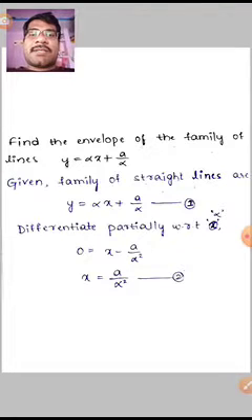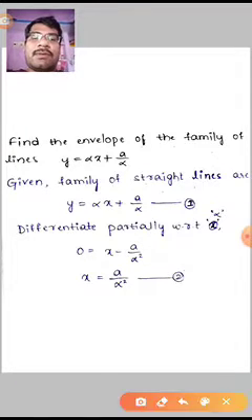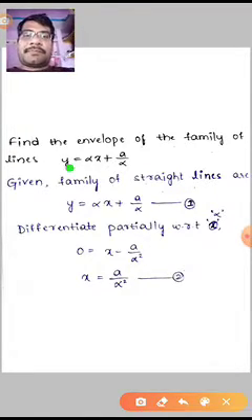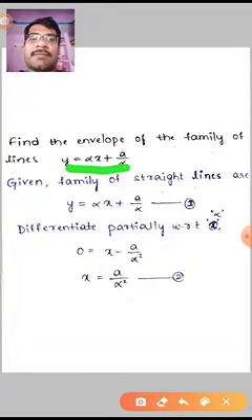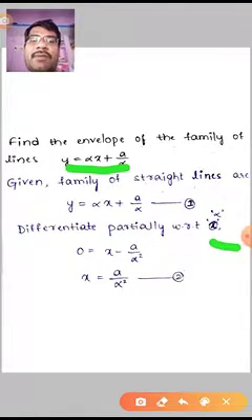Our application is to find the envelope of the family of lines y is equal to alpha x plus a by alpha. The given family of straight lines is y is equal to alpha x plus a by alpha. Differentiate partially with respect to alpha.